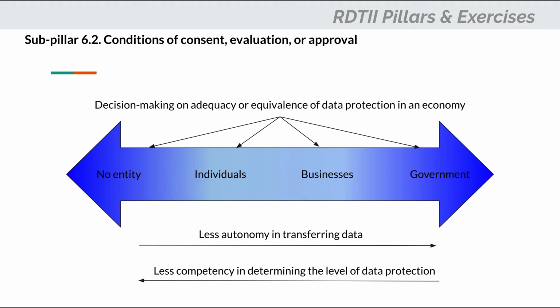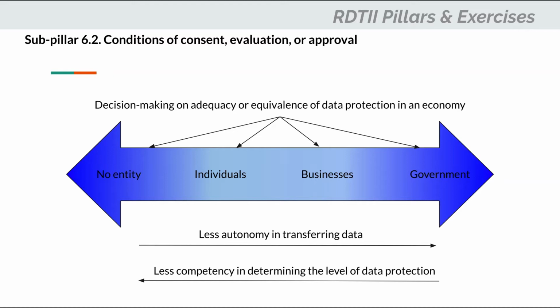In this case, economies often allow data flows across borders freely, assuming that businesses and organizations that transfer the data are held accountable and liable for possible data breaches that take place in the destination economies. Second, individuals or data subjects.